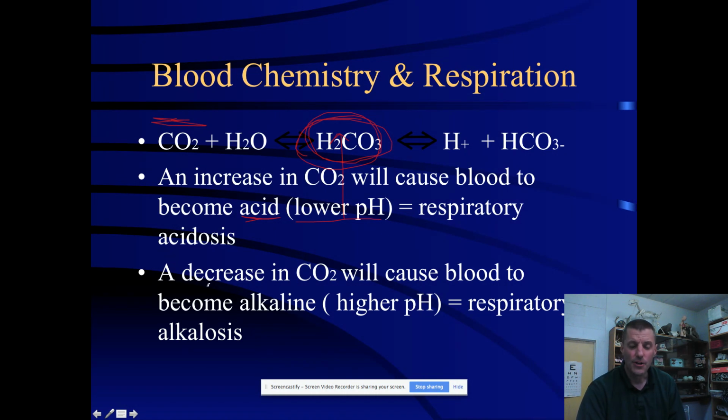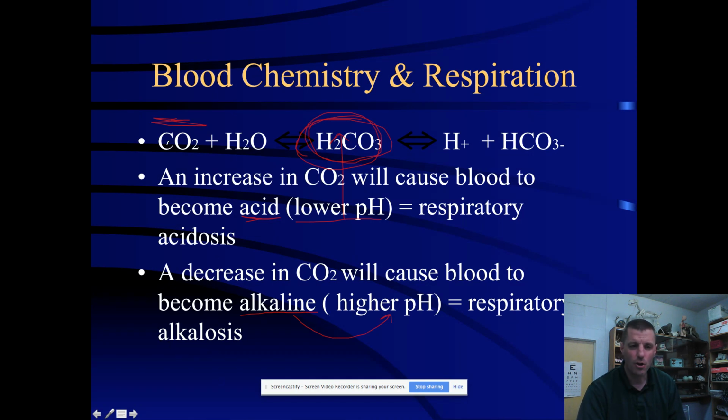A decrease in carbon dioxide, on the other hand, will cause blood to become alkaline. And alkaline is just another term for basic. And so alkaline means high pH. And that's called respiratory alkalosis.